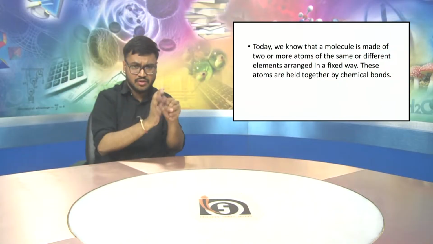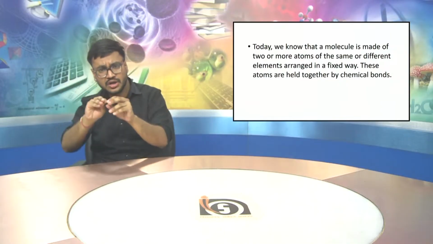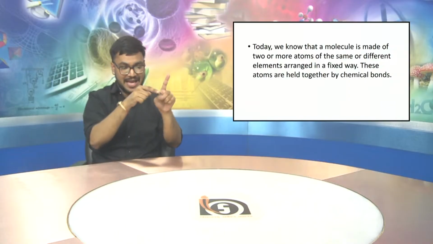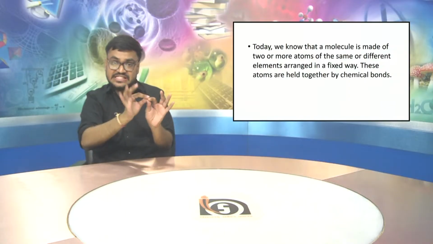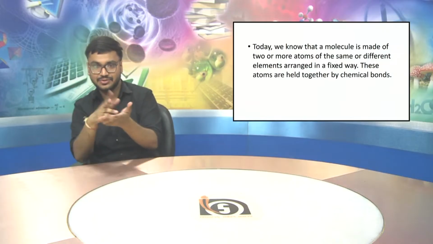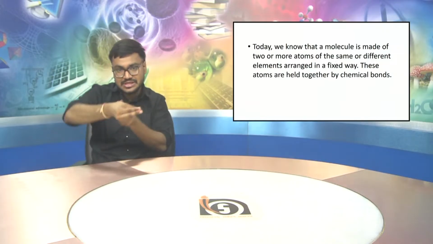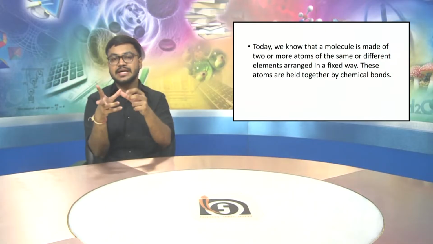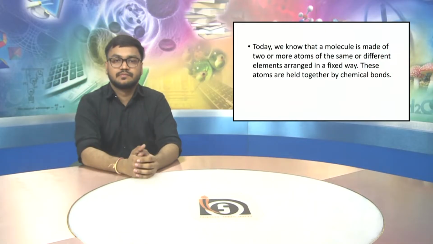Today we know that a molecule is made of two or more atoms of the same or different elements arranged in a fixed way. These atoms are held together by chemical bonds.